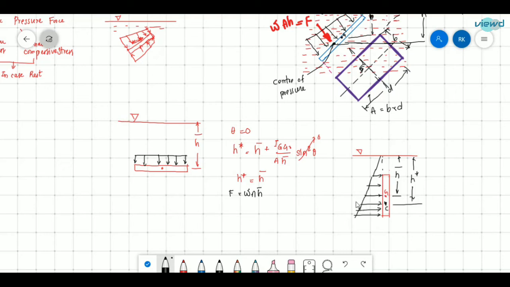The effect of force will be here. F is equal to W A h bar, and it acts at the center of gravity. So this is equal to W A h bar.